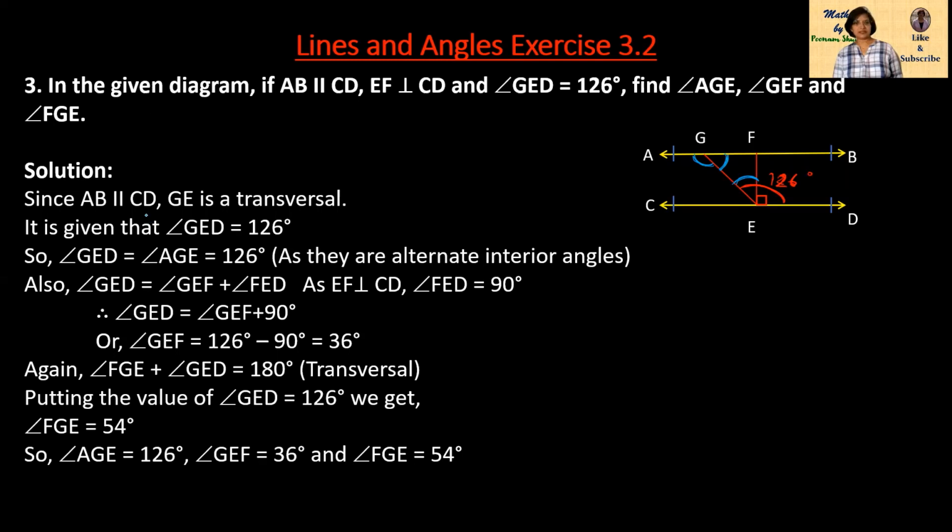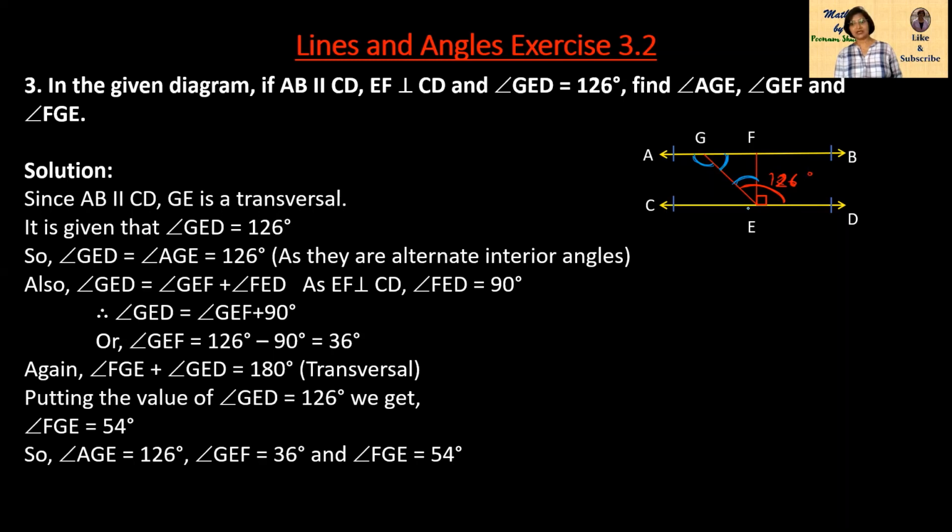Since AB is parallel to CD, GE is a transversal. So at point G and at point E, this line is intersecting these two parallel lines. It is given that GED equals 126, so we can find the value of AGE very easily. GED equals AGE equals 126. Why?